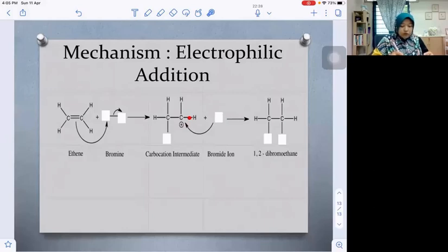Let me show you the first example, which is the first reaction of the alkene, the halogenation in inert solvent.